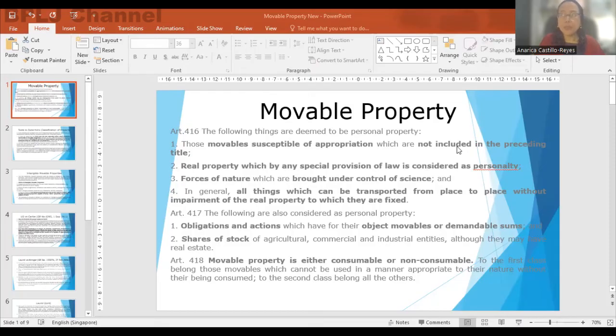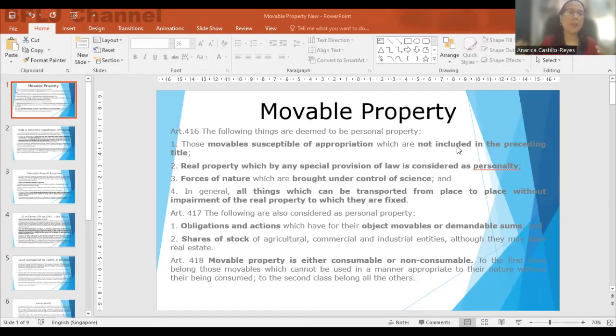Example, in a contract of loan, the right to collect money pursuant to a loan agreement is considered as a movable property.